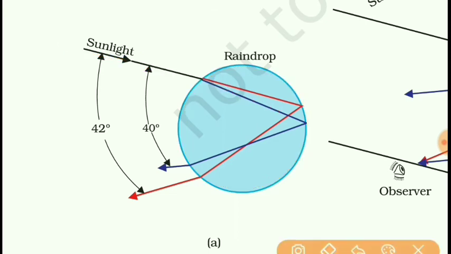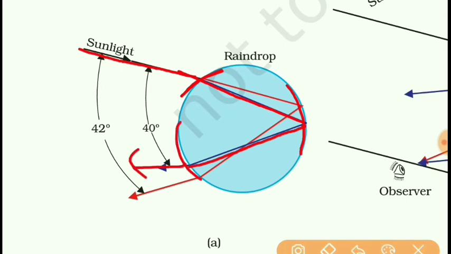Let me show you. You can see this is sunlight. Once the refraction takes place, then at this surface there will be total internal reflection, and then once again when it emerges out from this surface, there is a refraction. When there is a refraction, different colors are separated due to dispersion of light.